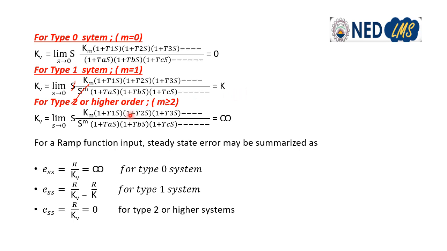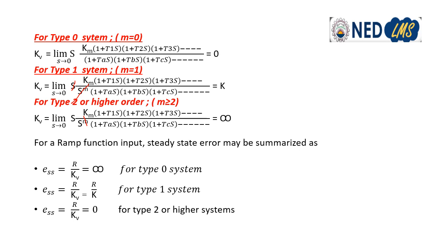And when we put m equals 2 for type 2 system, or any other higher order system with m greater than 2, we have s square here. Then we cancel it, and at least one power of s will remain in the denominator.